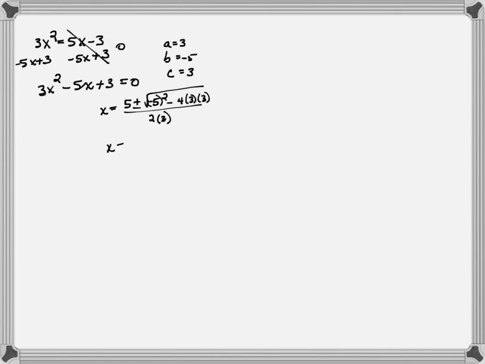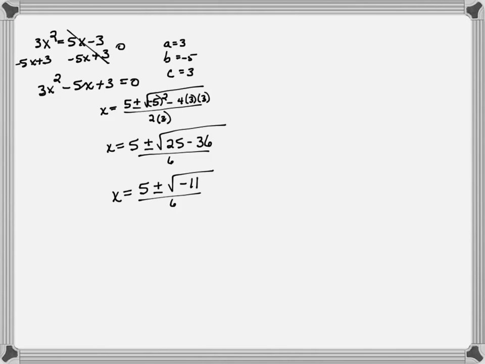So x is equal to 5 plus or minus the square root of 25 minus 36 over 6. So x equals 5 plus or minus the square root of negative 11 over 6.